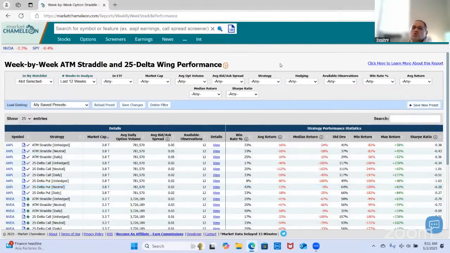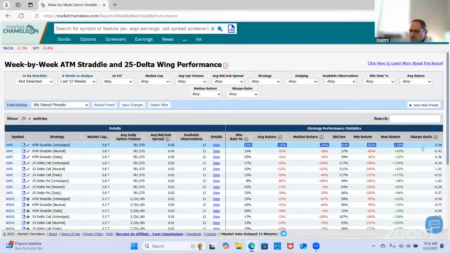Now, we could expand that over here if we wanted to go 26 weeks or just the last 3 weeks. We could change that from the filters above. Let's stay on the last 12 weeks. Here, we could view the details. If you click on this, we get the summary statistics for those observations to the right.